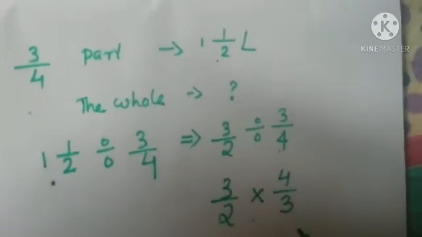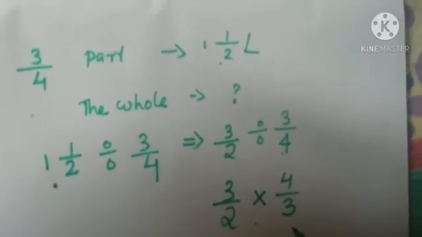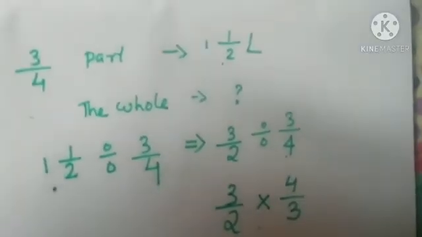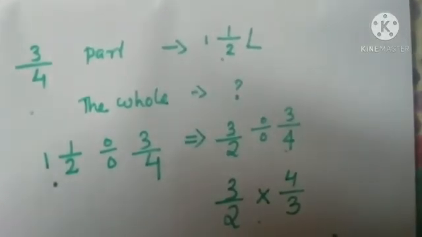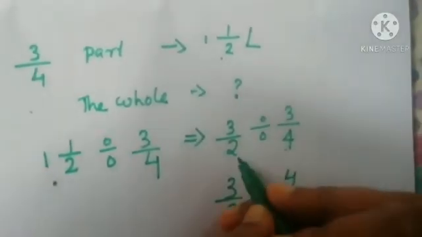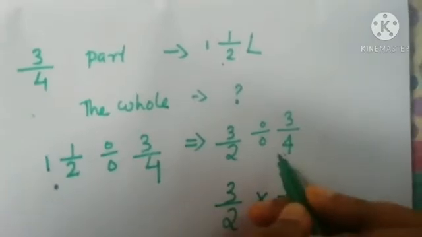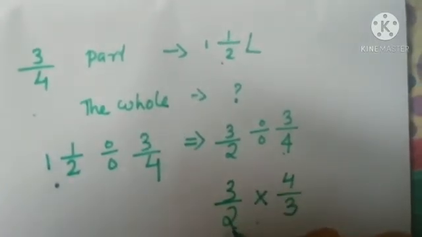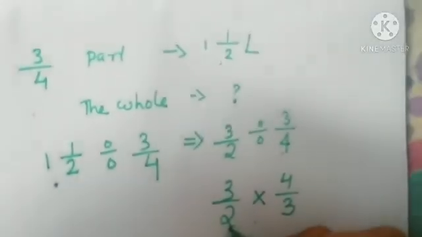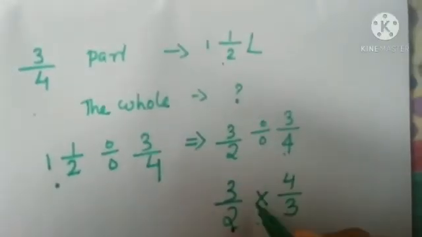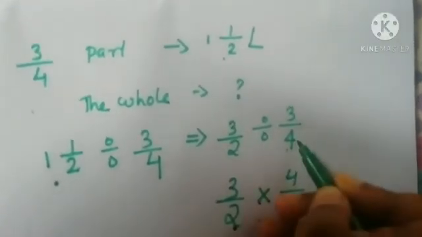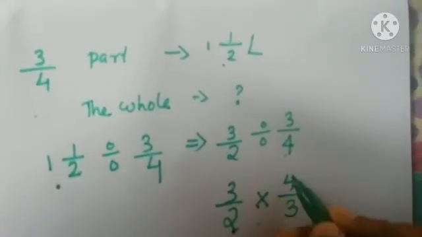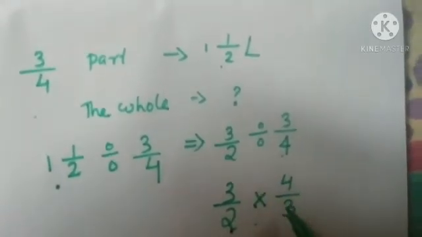This is the method that we use in back and forth type questions. When we divide two fractions, the first term is kept unchanged, the division is changed into multiplication, and the second term is changed into reverse order.